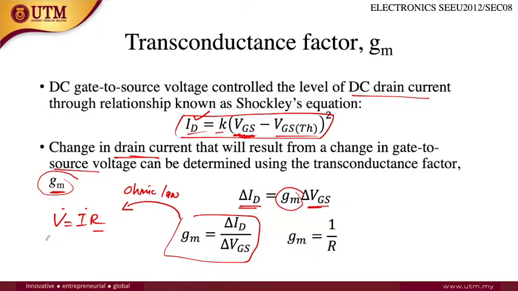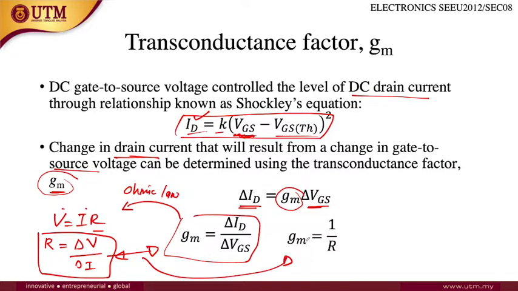So R is equal to delta V over delta I, or V over I. If you look at these two equations, there is a relation where GM is equal to I over V, similar to how R is constant.